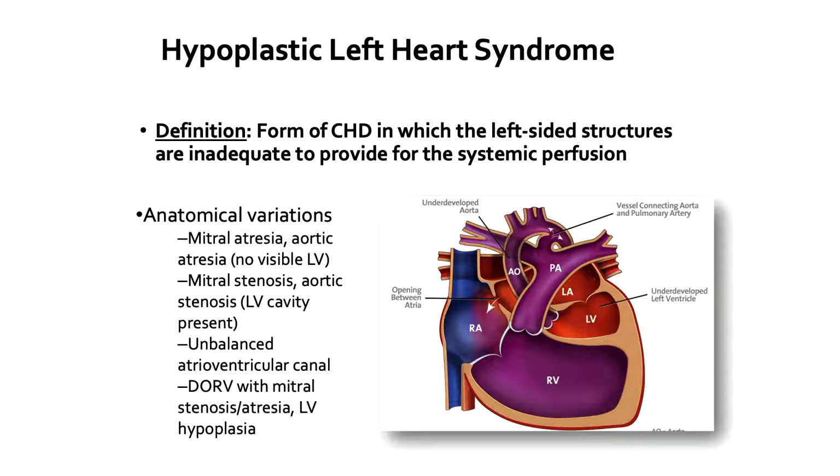And as Edgar just showed you, there's actually one particular type of condition where there's an unbalanced AV septal defect with the left side being small. That's one subtype of hypoplastic left heart syndrome.